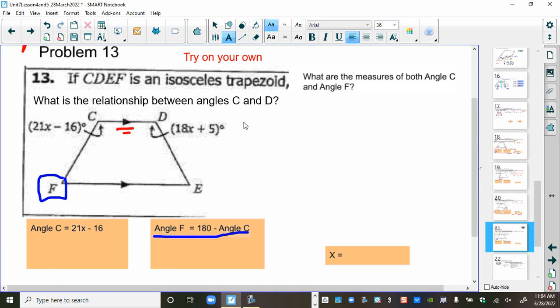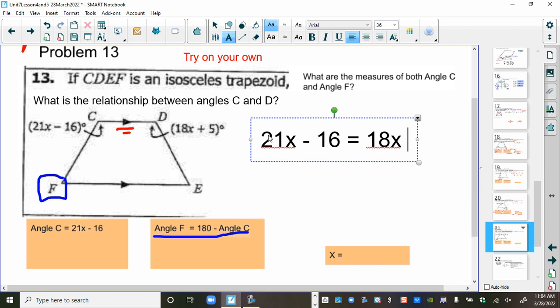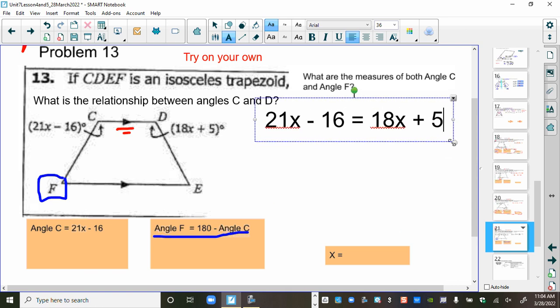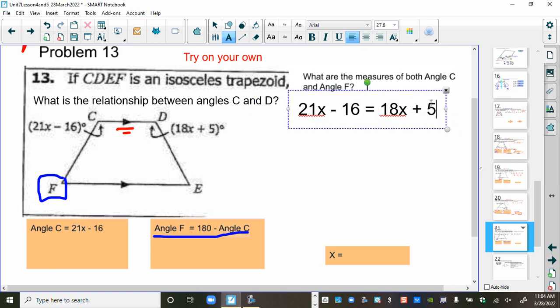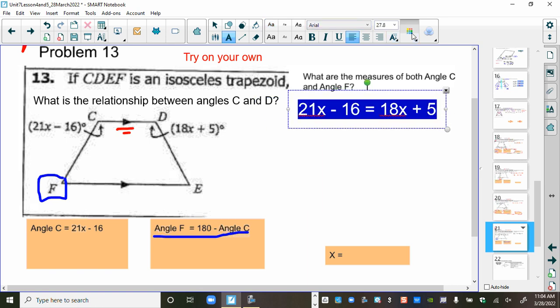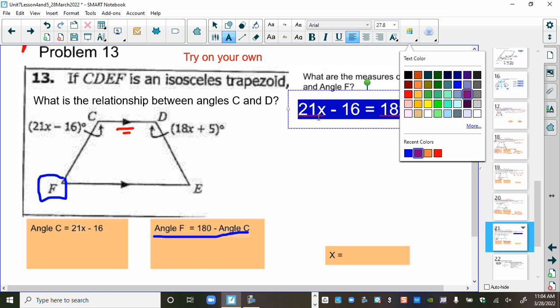And I'll just write it out real quick. This is your setup. They're equal. There's your setup.